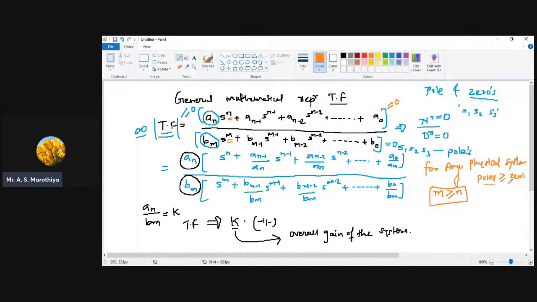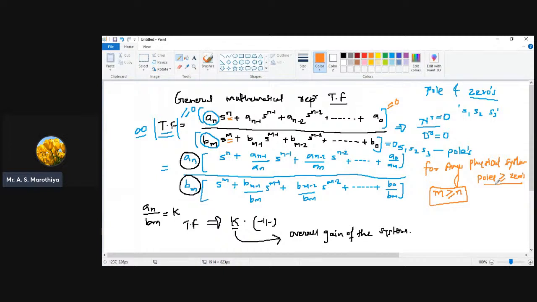This is very important. For any physical system, if you try to apply the concept of transfer function, find out its transfer function, and then find out how many poles and how many zeros there are, poles are always going to be more than zeros, or the worst condition is that poles and zeros are equal, if it is a physical system.